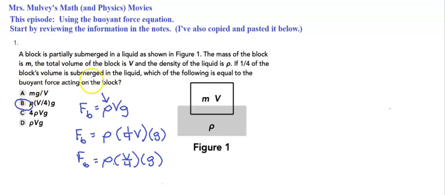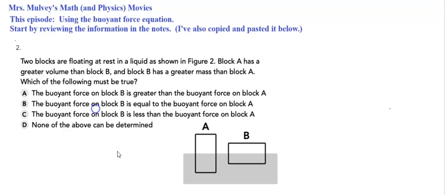Let's look at another example. This time I've got two blocks that are floating at rest in a liquid, as shown, but we're given some important information. We're told that block A has a greater volume, while block B has a greater mass. And if you wonder how this can be true, just think of two substances like styrofoam and concrete.